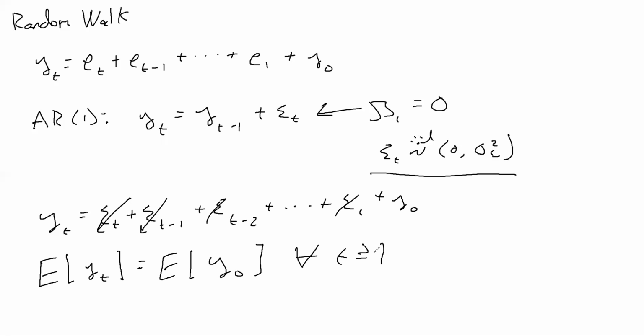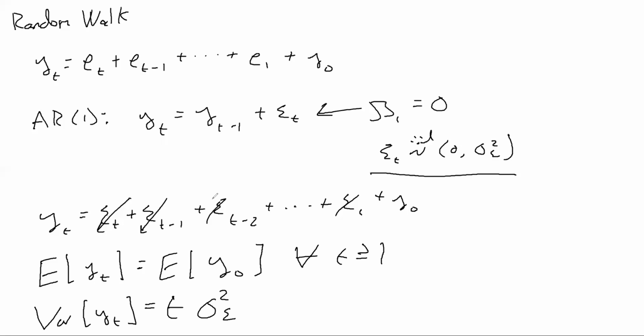So the expected value of a random walk doesn't depend on time. But of course, if we take the variance of Y, we have t many error terms, and each of those has a variance. If we do the variance for each of these, this would give you t many variances of the error term.